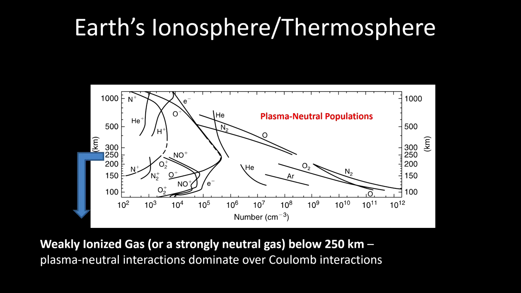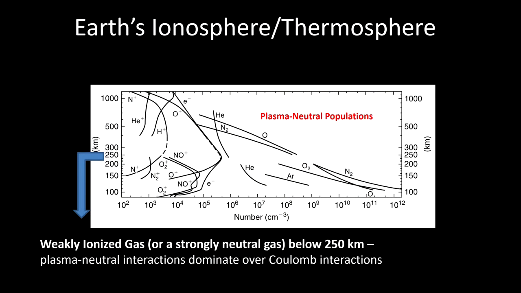So a definition that's universal is people define plasmas as either weakly ionized, partially ionized, or fully ionized. And in so doing, it really casts the equations that are most applicable to that particular problem. So we should do the same. I've done that here by casting it below about 250. The electron-ion collision interactions are much less significant than the electron-neutral and ion-neutral interactions. And so below 250, we're working in what's called a weakly ionized gas.